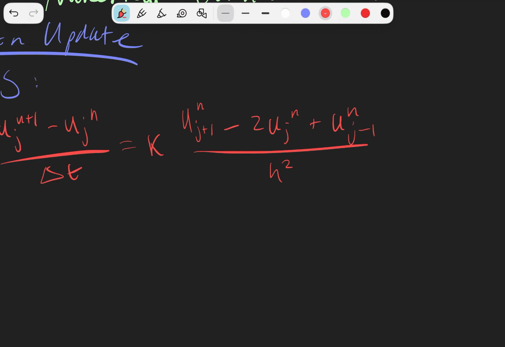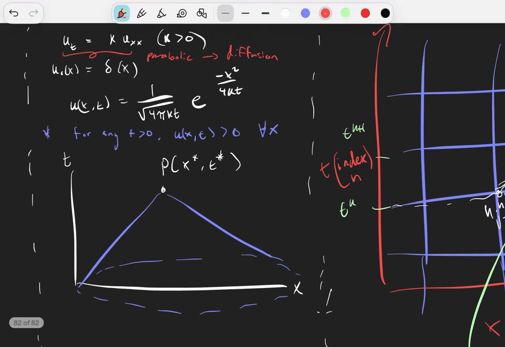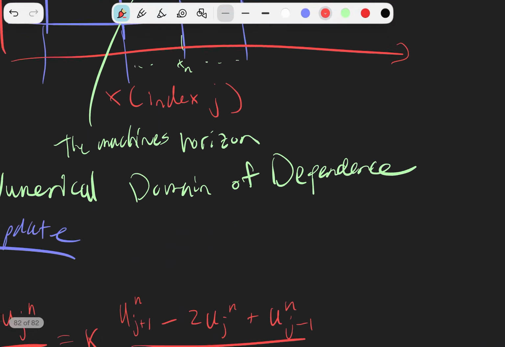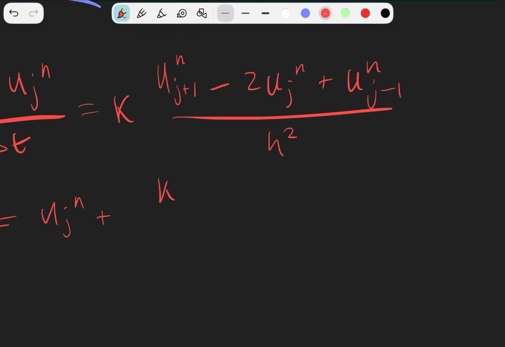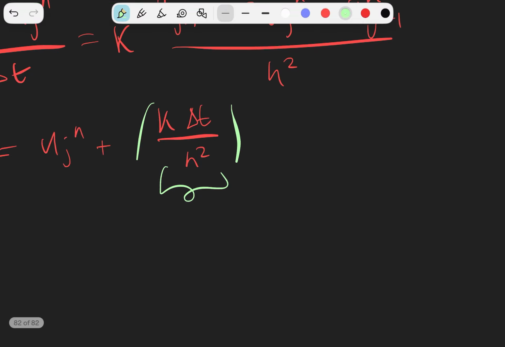over h squared. All right, and we can rearrange here to get u_j^{n+1} equals u_j^n plus kappa, and this, again, is the same diffusion coefficient, kappa delta t over h squared. And this will be a new constant that we'll call, what do we call drift?